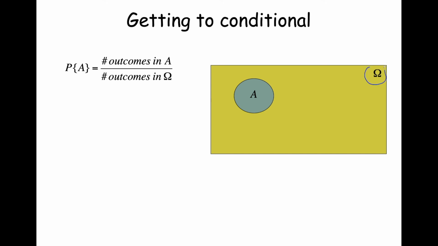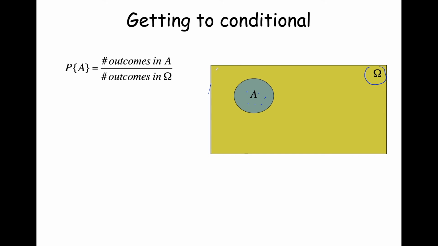So there's my sample space omega. All the possibilities are here. So I have my event A, and A could be a singleton event or it could be a complex event. And so I have the number of outcomes in A for my probability, and I divide by the total number of outcomes that represent our sample space omega.